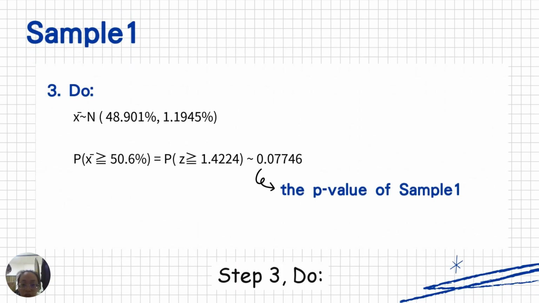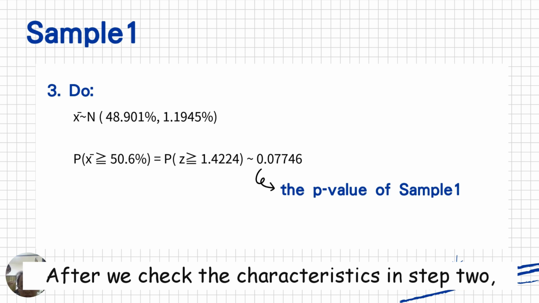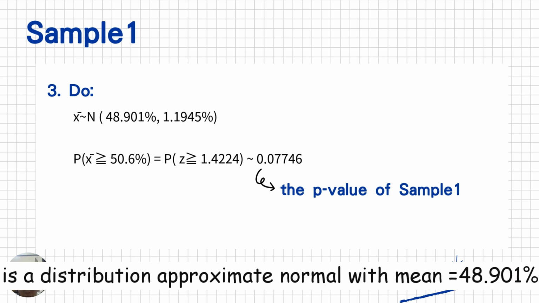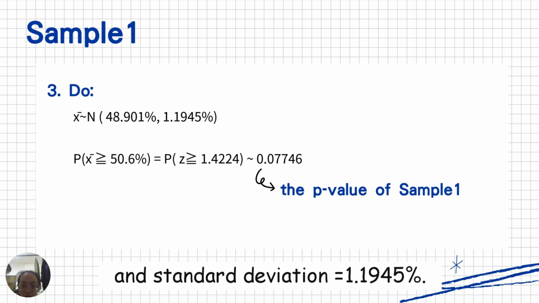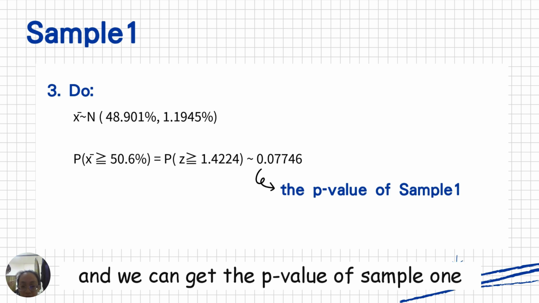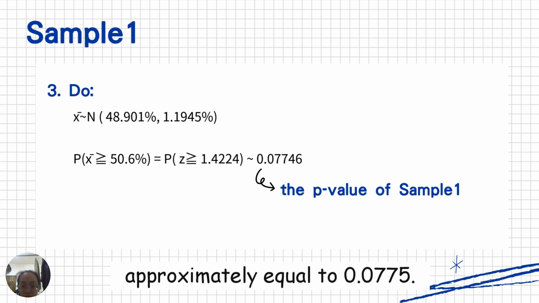Step 3, do. After we check the characteristics in step 2, we know this sampling distribution is approximately normal with mean equal to 48.901% and standard deviation equal to 1.1945%. Then we can calculate the probability of X bar more than or equal to 50.6%, and we get the p-value of sample 1 approximately equal to 0.0775.